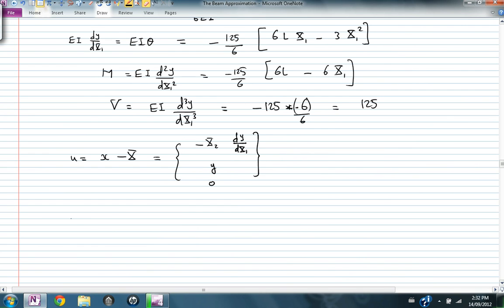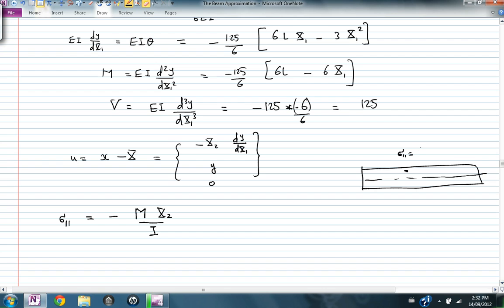And sigma 11, the stress at any point in the beam, is equal to negative the moment multiplied by x2 over I. So at any point on the beam, the stress sigma 11 is a function of x1 and x2, the horizontal position and the vertical position. Where is that point horizontally and where is that point vertically?